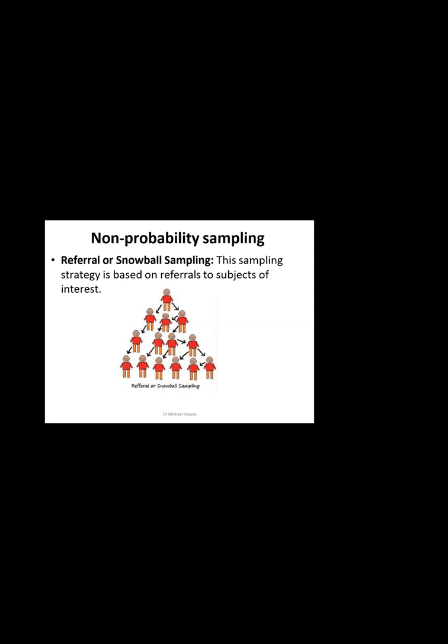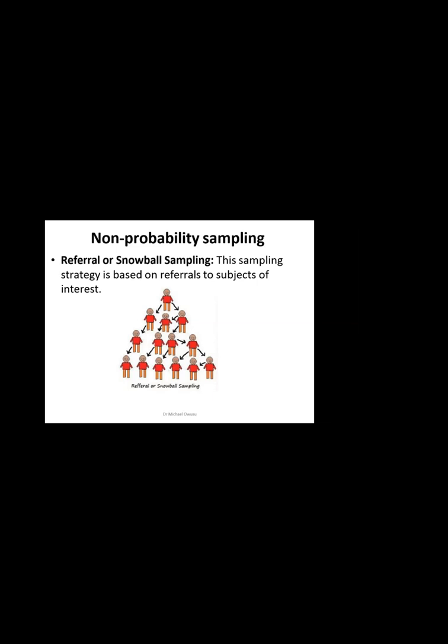The last one is referral or snowball sampling. Let me give you one example. If I come to Nigeria and I want to conduct a study, say prevalence of HIV among lesbians, how are you going to get the lesbians? Strategically, you get one lesbian, sample the person, and immediately the person is done, she would refer you to another colleague who is also a lesbian.